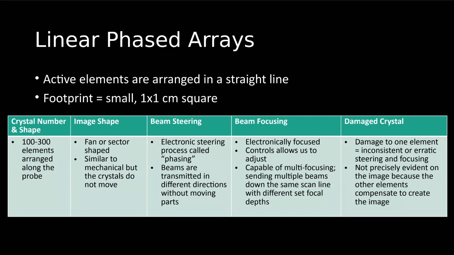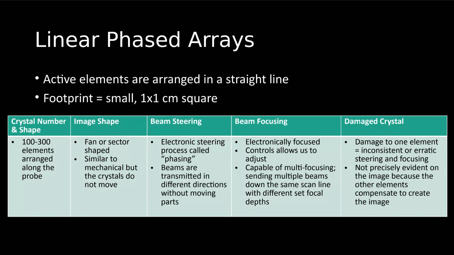Now, when we have a damaged crystal, unlike the mechanical transducer, our entire image is not lost, right? But we are going to have some artifact and some problems if we do have damaged crystals in a phased array transducer. So damage to one element on the transducer is going to cause inconsistent and erratic steering and focusing, right?